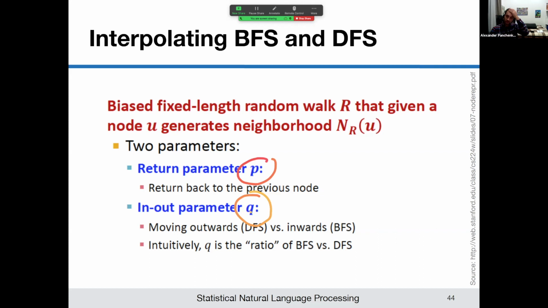And Q is a parameter which controls how much you want to move outwards from your original node, how much you're going to explore into other parts of the graph, rather than further exploring some local neighborhood of this graph. And then by playing with these parameters, you can find essentially some optimal ratio between BFS and DFS strategies while generating these training sequences.